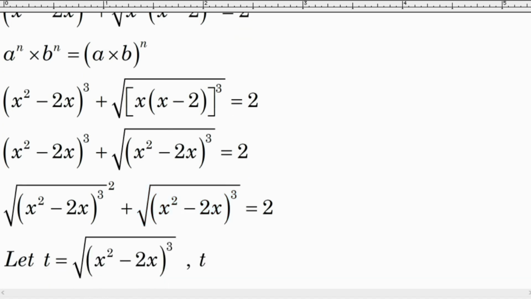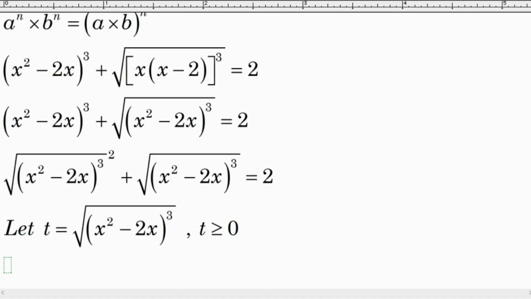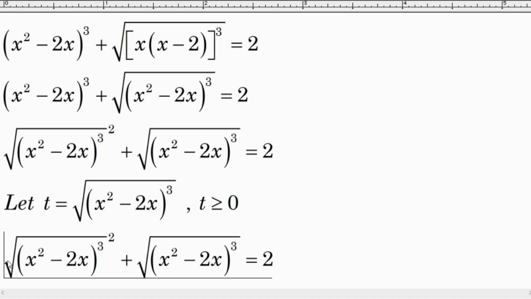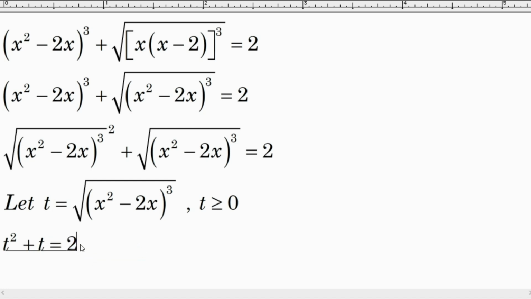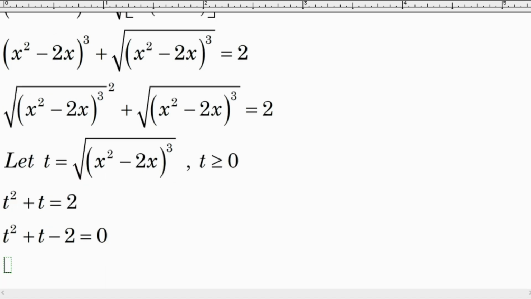Then t must be greater than or equal to 0. Now we can substitute t into our original equation. We get t² + t = 2. We can solve this quadratic equation: t² + t − 2 = 0.